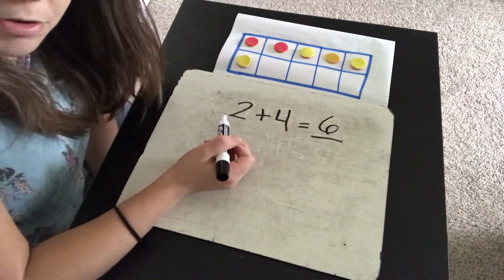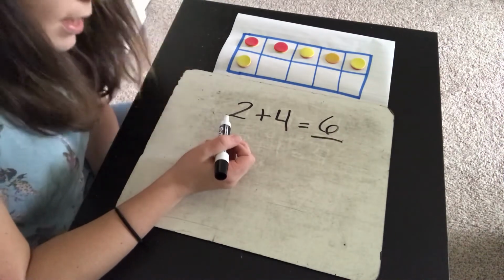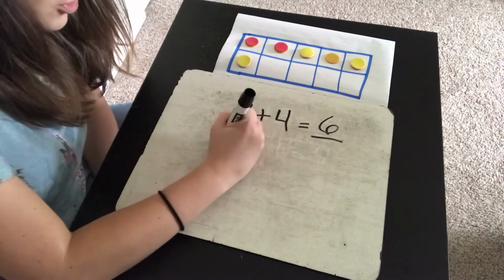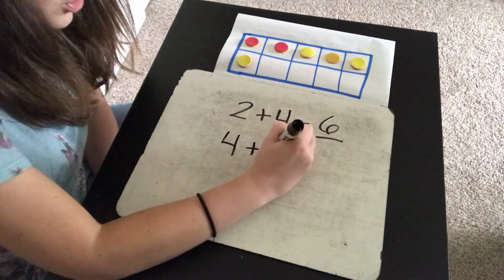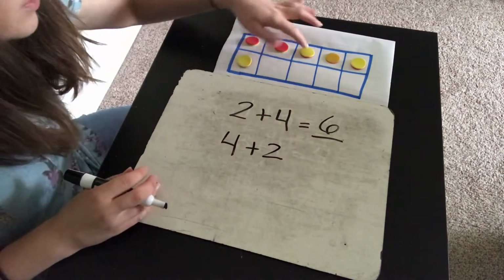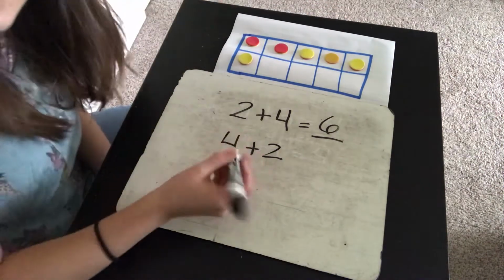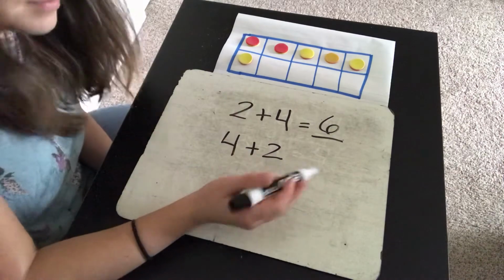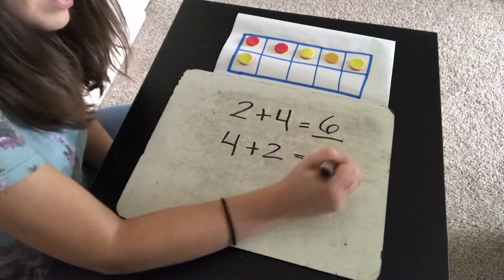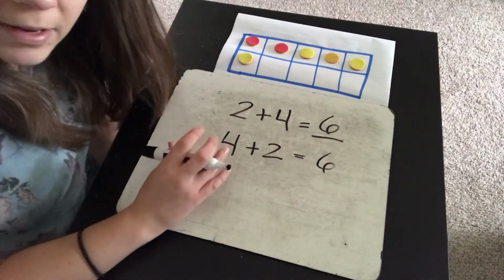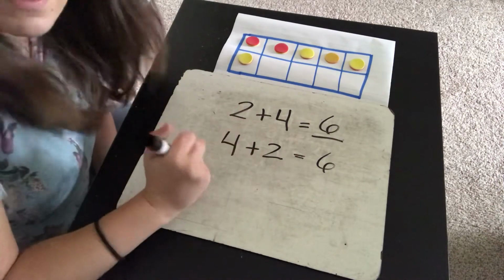But I could also use the commutative property and flip these add-ins to say 4 plus 2. Look, 1, 2, 3, 4 yellows, 4 plus 2. Does this still equal 6? Yes, it does.